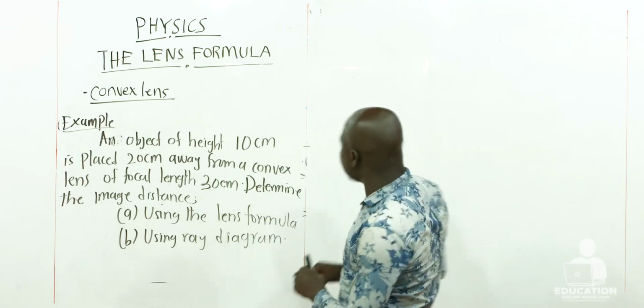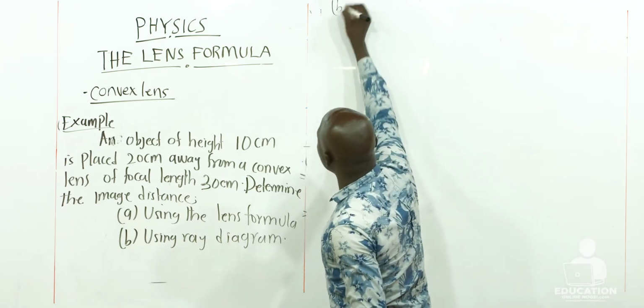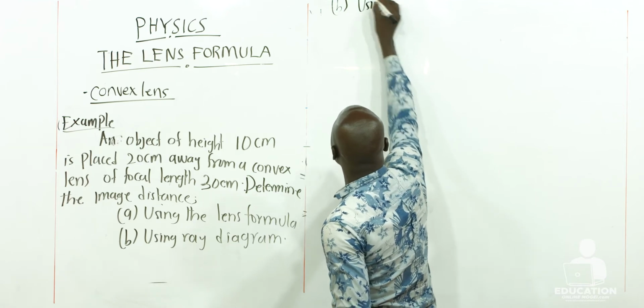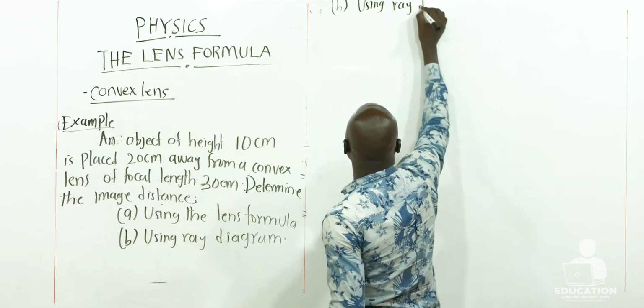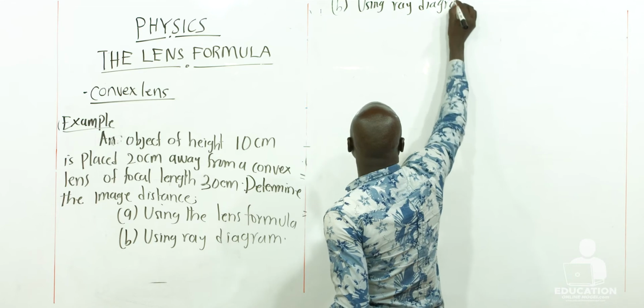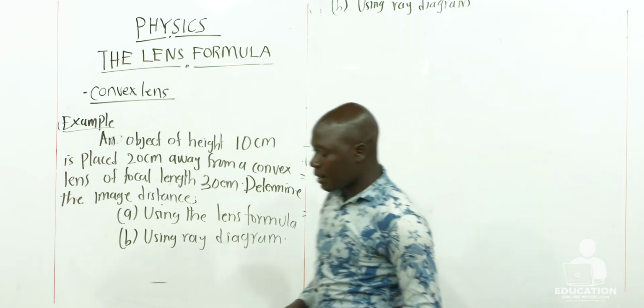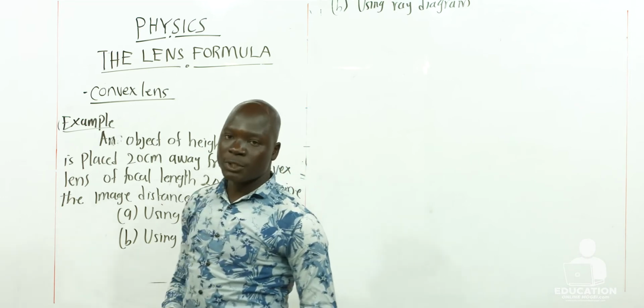So now the B part says we are going to get it using ray diagram. So dear learners, when we are using ray diagram, we are going to draw it to scale.